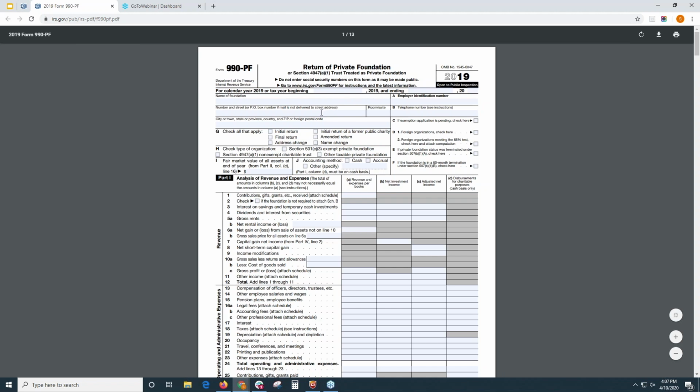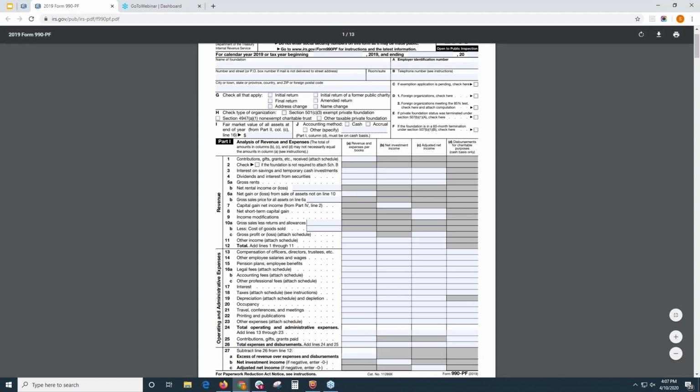You'll, of course, have to enter the name of your foundation, the address, EIN number, and then you'll want to answer questions A through J. Those can vary from a phone number to foreign organization information, the type of organization, if you're a 501(c)(3), or anything like that.